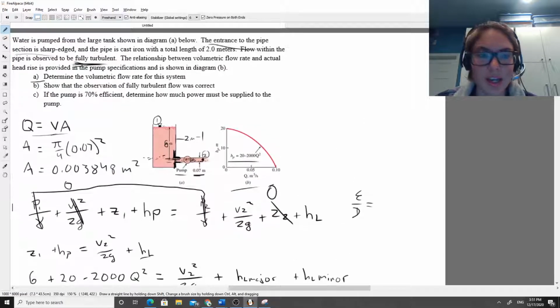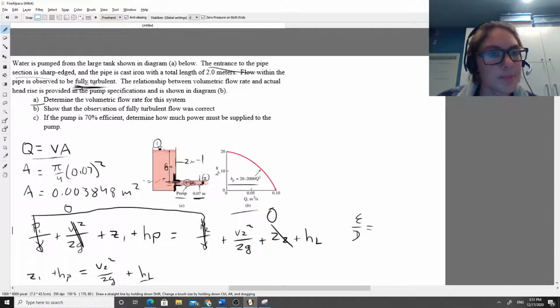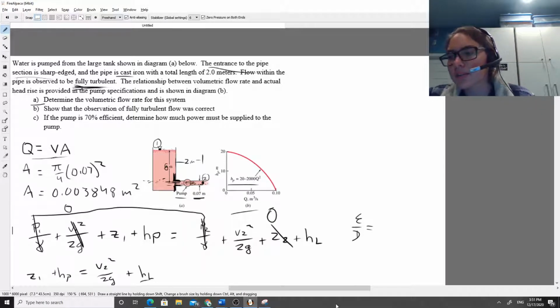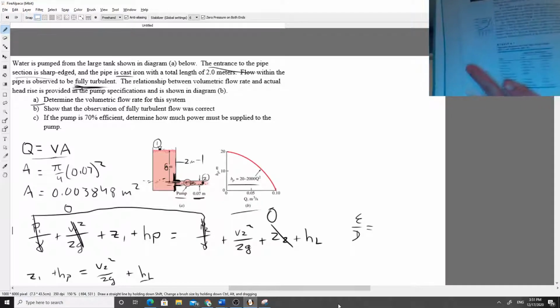They don't actually go ahead and tell you the roughness of this system, but they do tell you that the pipe is made out of cast iron. And you can go ahead and look this up in Table 1 of your textbook. You can see that there.